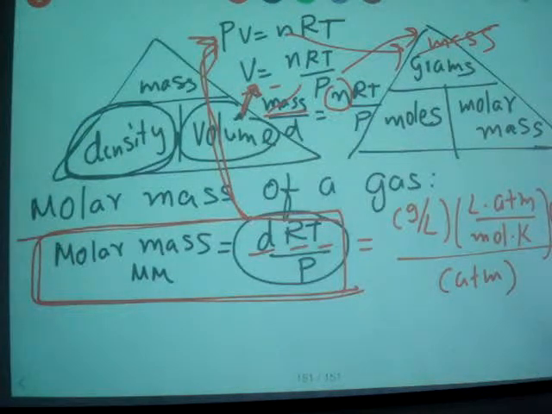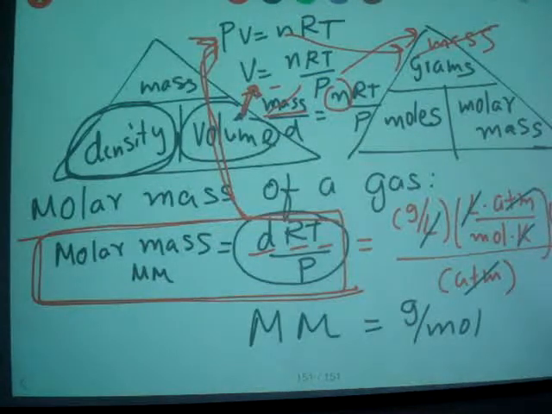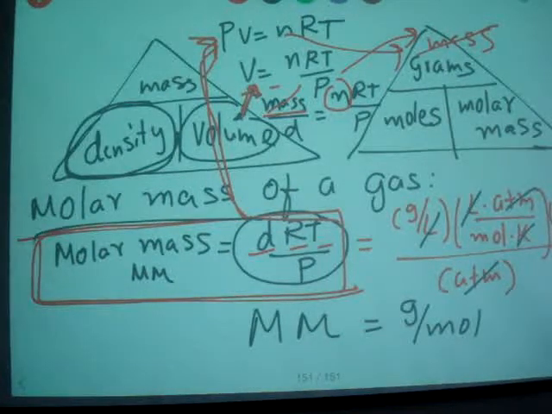Now when you do that, you see that liter cancels, atmosphere cancels, Kelvin cancels, so you get gram per mole. That's the molar mass unit, right? So molar mass equals dRT over P, this equation. Alright, now we are going to apply that equation in a problem.